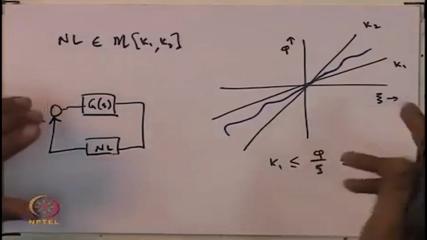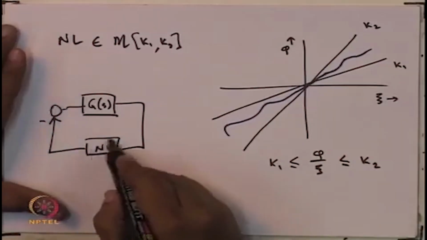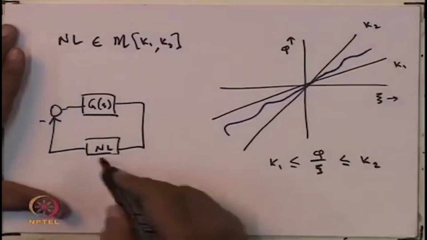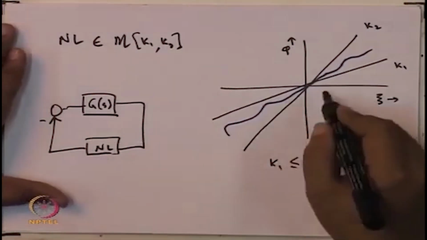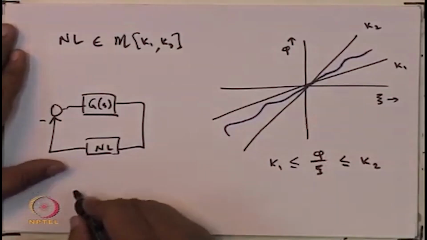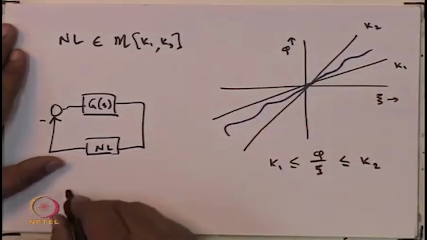And then what we had discussed in the last class is that this nonlinearity NL can be converted into another nonlinearity. Okay, so we can go through it in two steps.